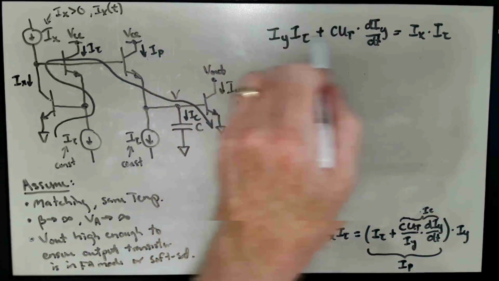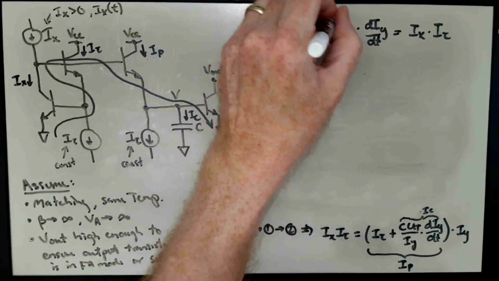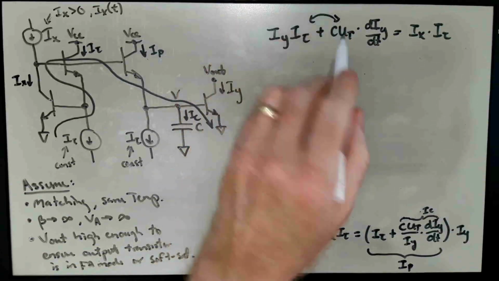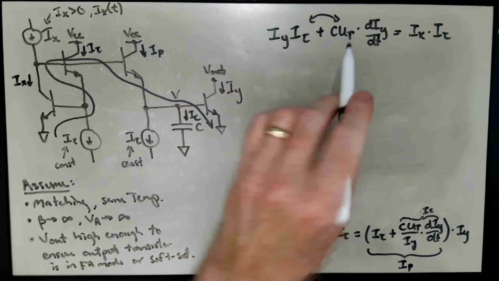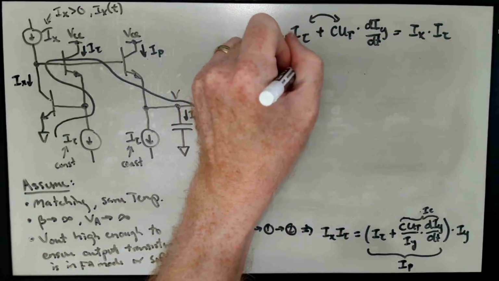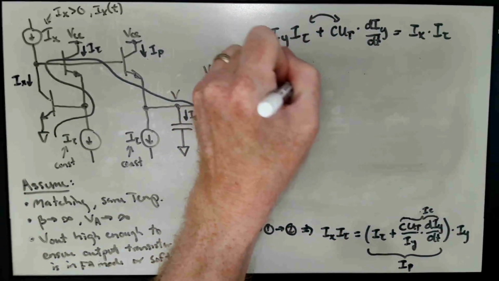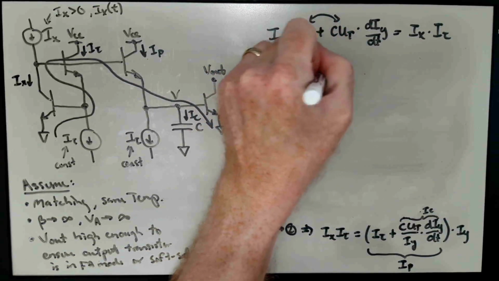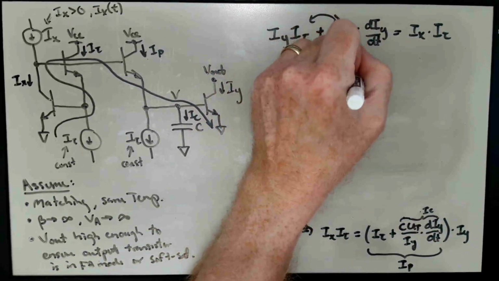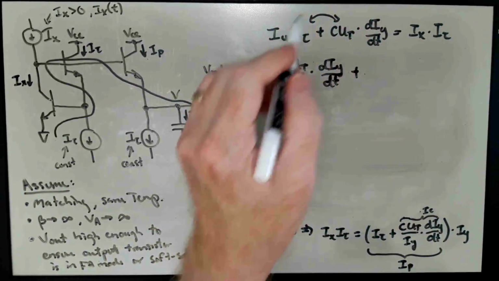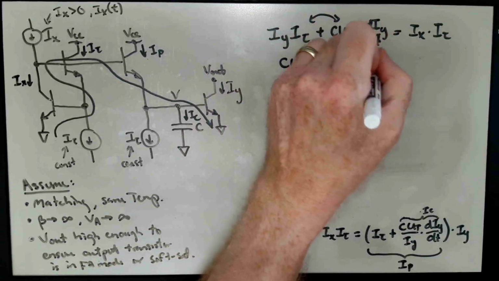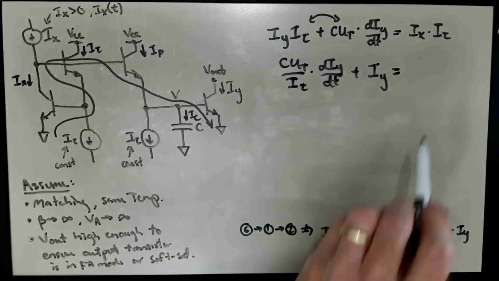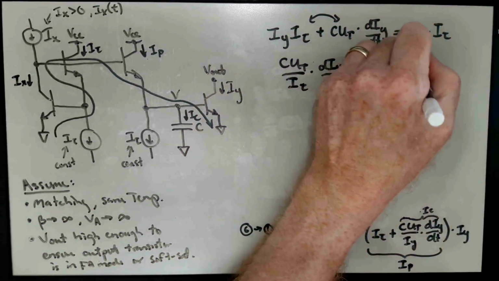And we're going to swap these two terms here. So that means we put an I tau downstairs over here, CUT over I tau times diy dt. We divide this term by I tau, we're just left with an Iy. And on the right-hand side, we're left with an Ix.